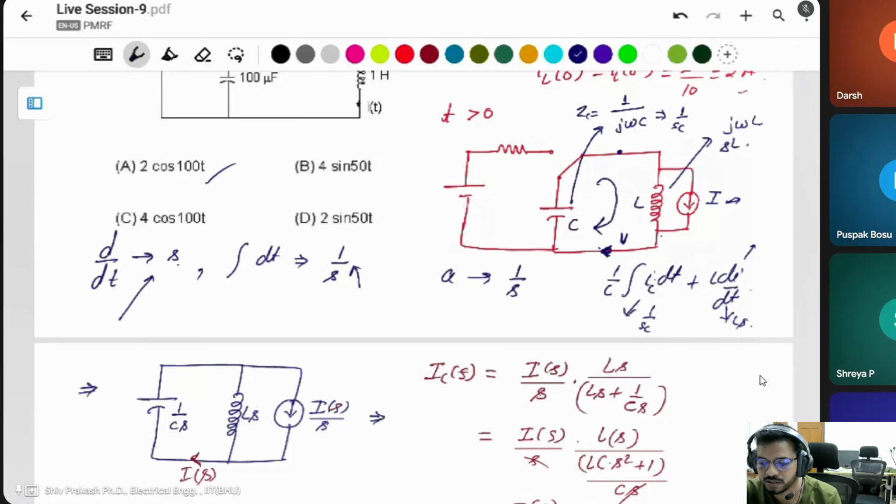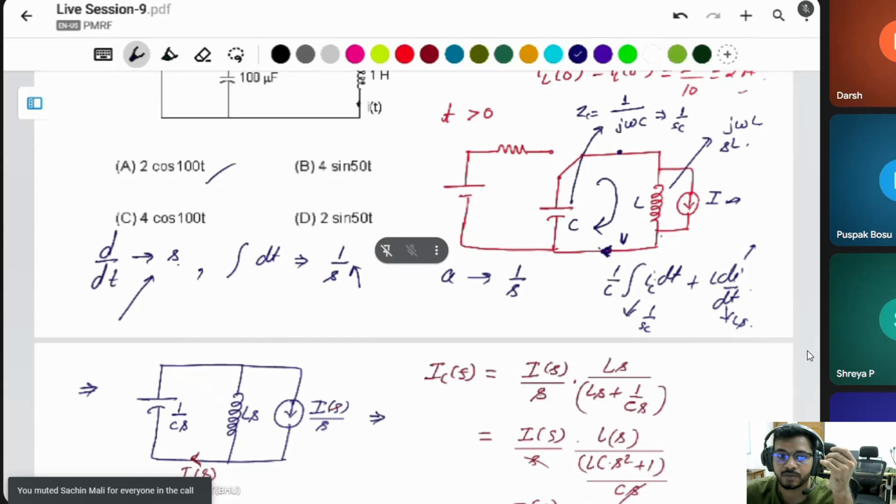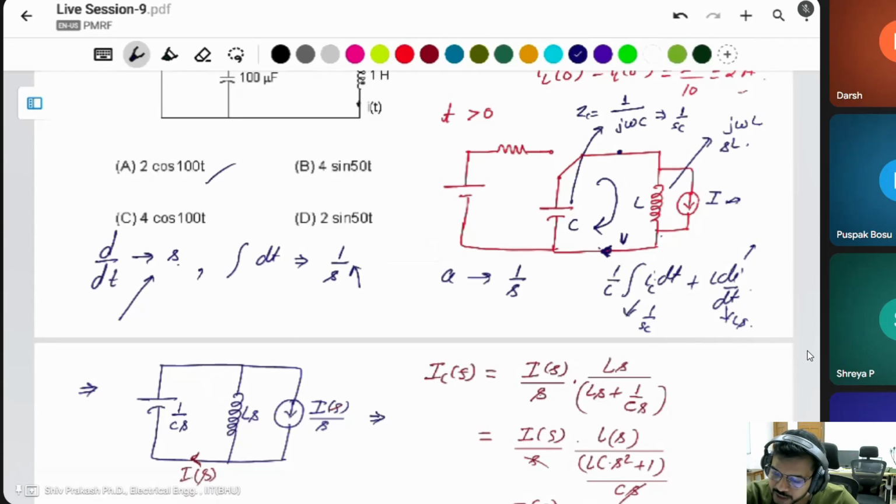So the current source is there, no? That will also be coming, sir, when you apply this Laplace. This is the initial voltage, current. This is the constant.